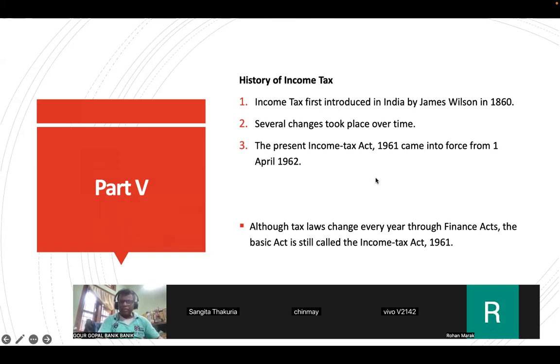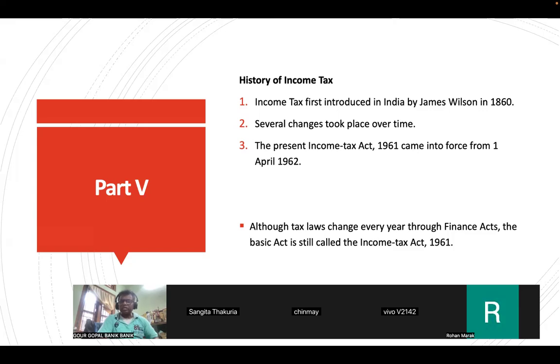The present Income Tax Act 1961 came into force from 1st April 1962, and this is going on till 2025-2026. But in 2025, a new Income Tax Act has been passed, and we are going to learn those things too. The Income Tax Act 2025 has been introduced in India with effect from 1st April 2026, remember.